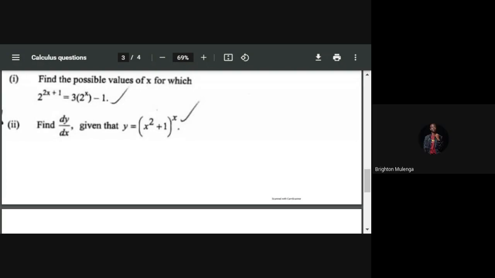On that one, I was thinking we use the power rule. I think we first start by dropping the x there. Then we multiply by everything. Then we multiply again by the derivative of what is inside the brackets there.